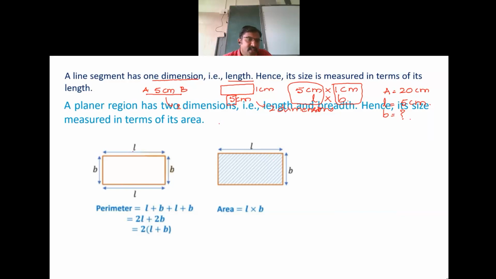L is the length, B is the breadth, perimeter is 2 times length plus breadth, and its area is L into B. Here you observe this particular figure is shaded. This indicates that it is covering a particular region. This is area.